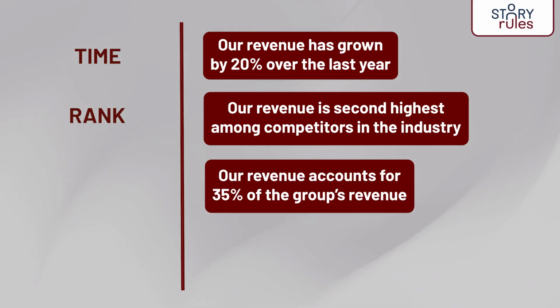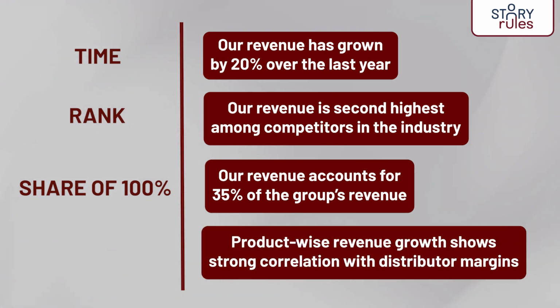Third, our revenue accounts for 35% of the group's revenue, uses share of 100% as a comparison factor. And fourth, product-wise revenue growth shows strong correlation with distributor margins, tracks the correlation between two variables, revenue growth and distributor margin, as a comparison factor. These are the 4 most commonly used comparison factors.